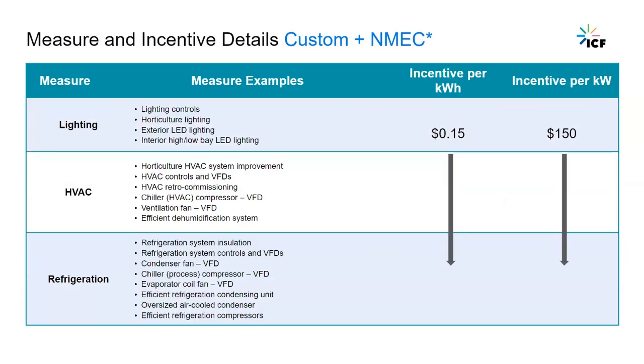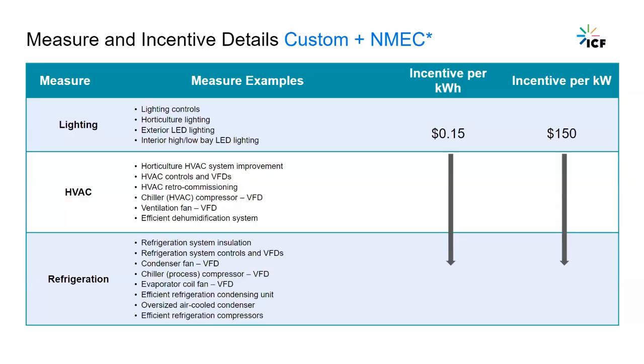So moving on, some of the custom measures that we offer. Custom and NMEC measures are able to be applied to more types of equipment, but the data and documentation requirements are much more rigorous compared to deemed measures. But again, we're able to work with more equipment, possibly. So we have various different lighting measures, from lighting controls to, again, interior high-low bay LED lighting, custom HVAC measures, and then also refrigeration measures.